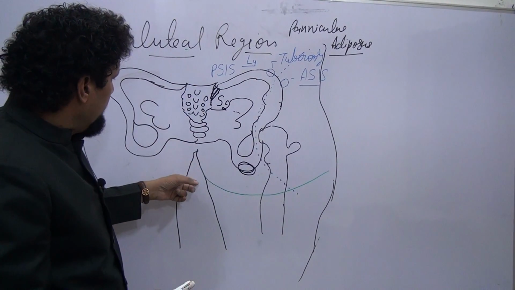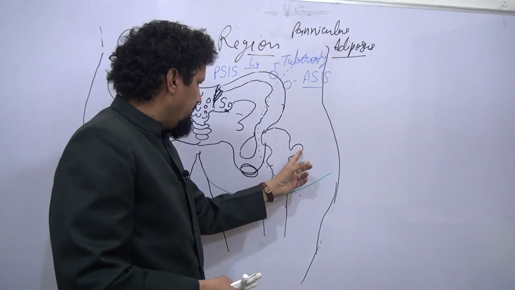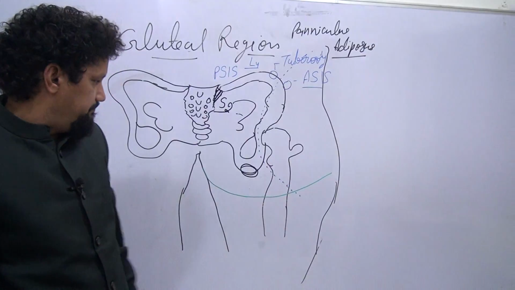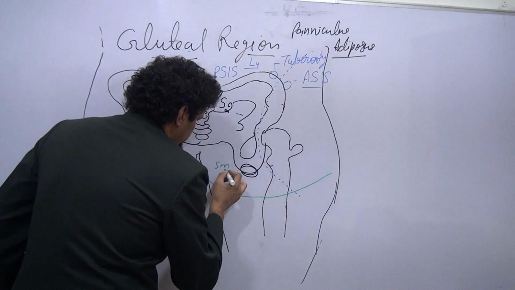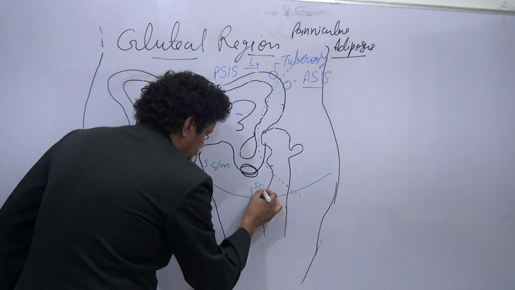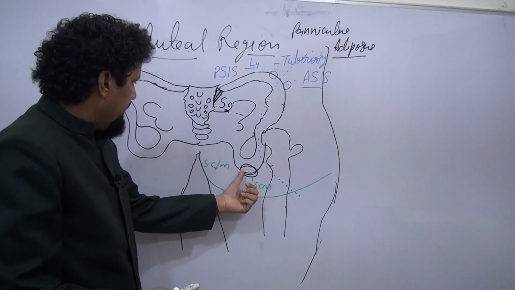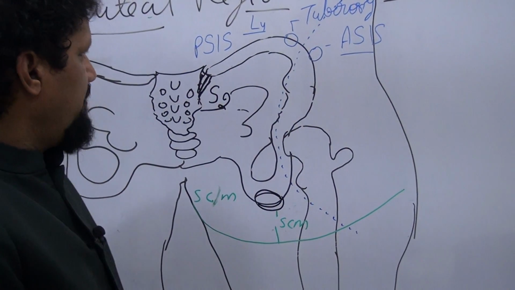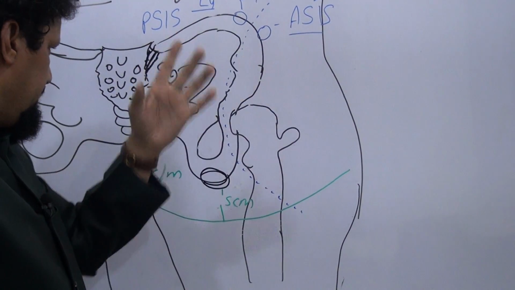The median plane is forming the medial boundary, and a line joining the anterior superior iliac spine and anterior border of the greater trochanter of the femur forming the anterior boundary of the region. 5 cm lateral and 5 cm above the gluteal groove, we can palpate the ischial tuberosity, and a hand's breadth below the anterior superior iliac spine we can see the greater trochanter of the femur.